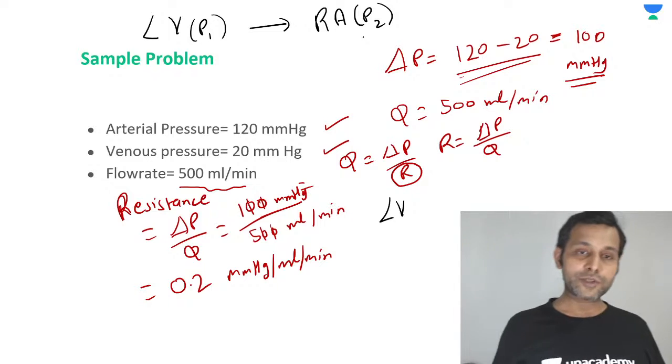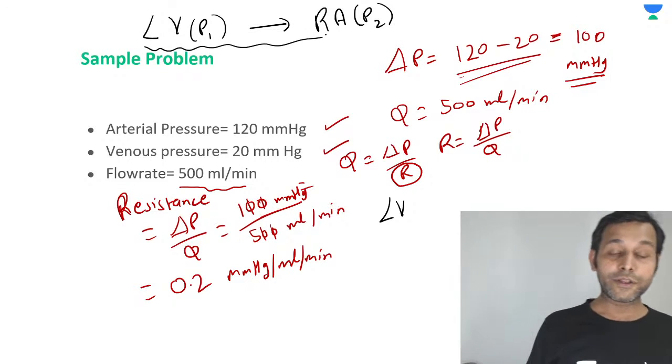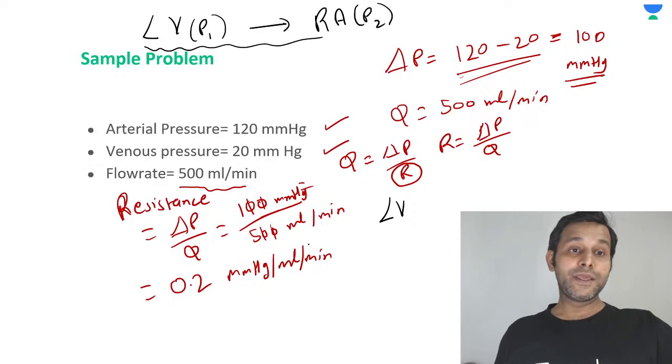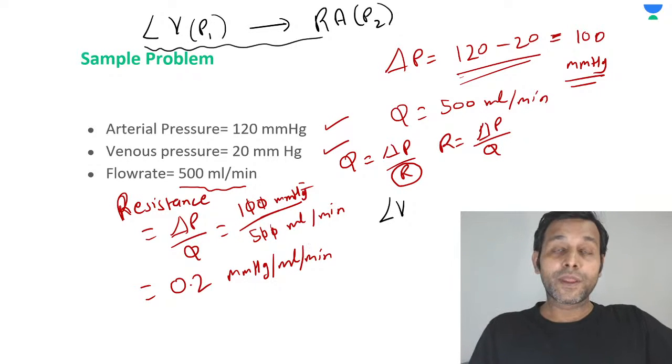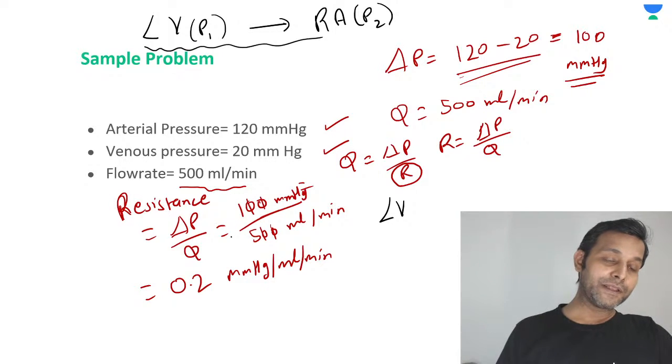If I give this problem, can you tell me what is the pressure difference here? The left ventricular pressure and right atrial pressure. Can anybody tell me what will be the number here?